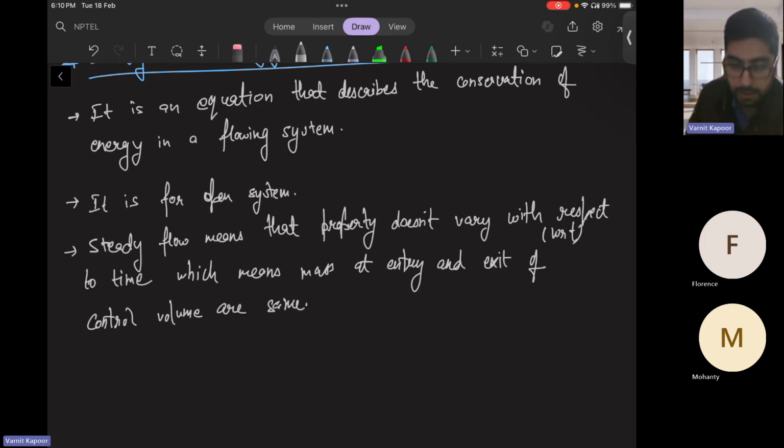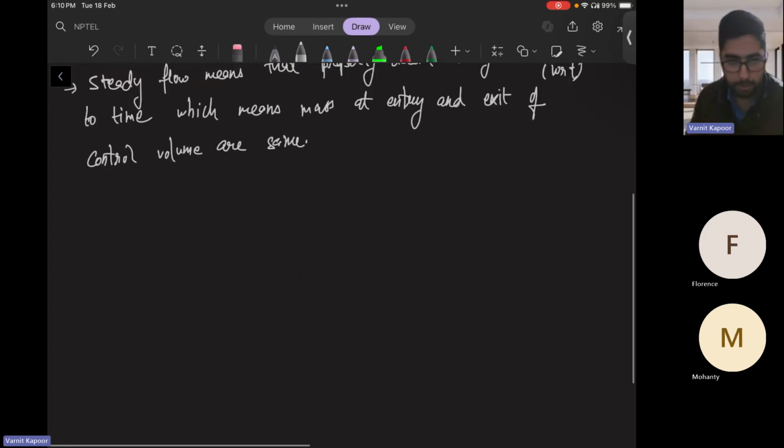We know what a control volume is; we discussed it very well in our previous tutorial as well. What's a control volume? What's a control mass, control surface? Let me write the nomenclature for the things which I'm going to use here.